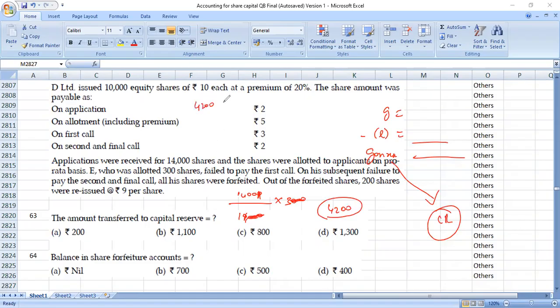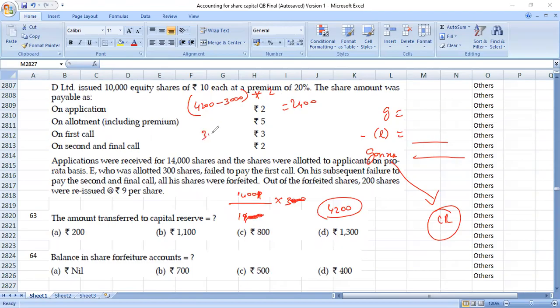So 4,200 minus 3,000 into 2 rupees per application. So 2,400 is calls in advance after allotment.